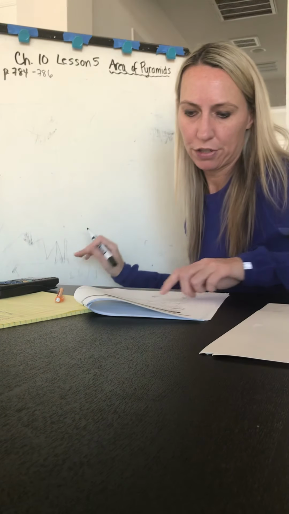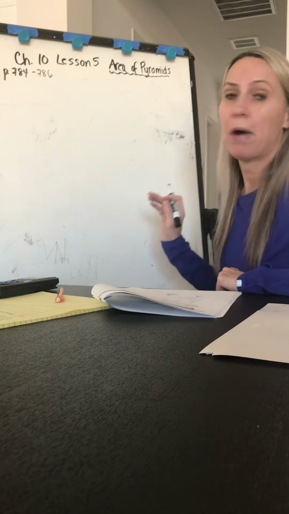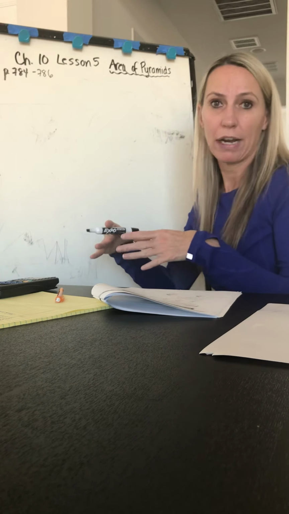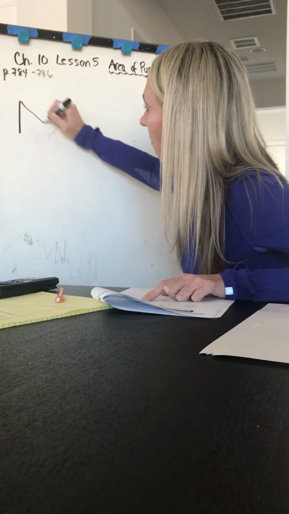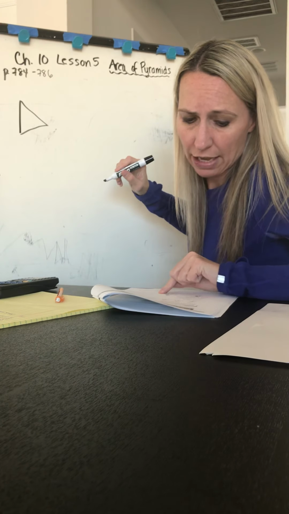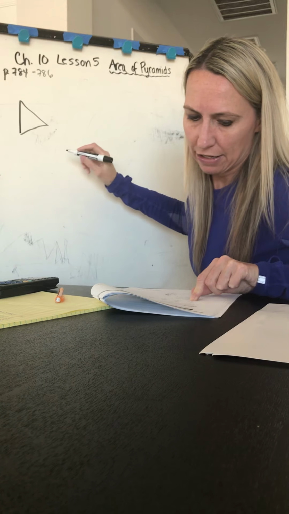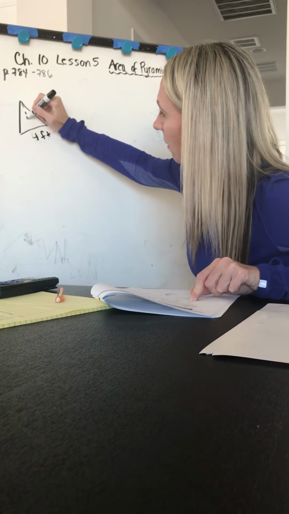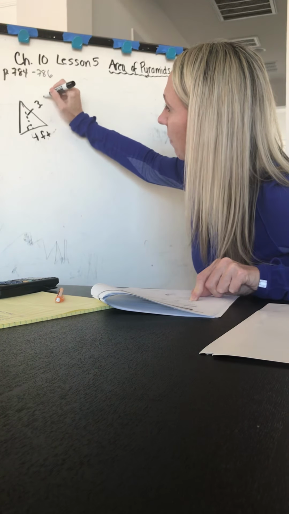Okay, example 2. Now this one is called a triangular prism. The bottom is not a square, it's actually a triangle. So if you look at the bottom of this one, it draws it out for you, but it shows that this is 4 feet, and the height right here is 3.5.